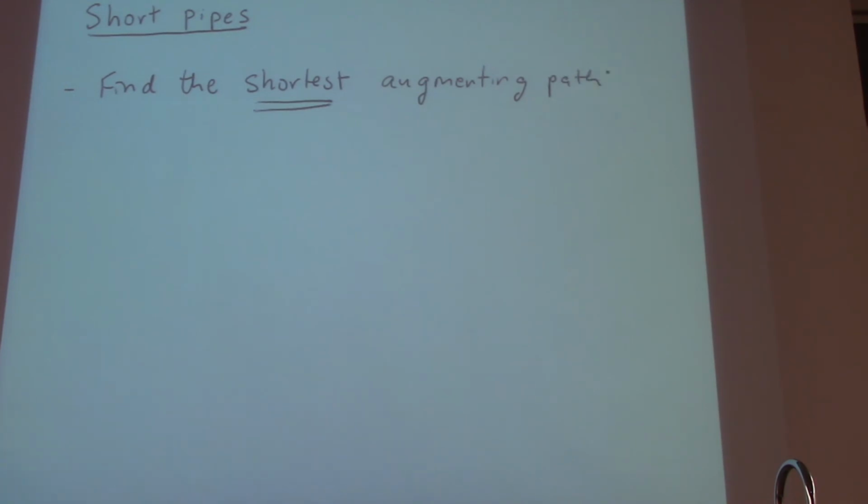Not the one that carries the most flow, but the shortest one. Again, you can find this using a BFS. So finding such a path is easy, it takes m time.